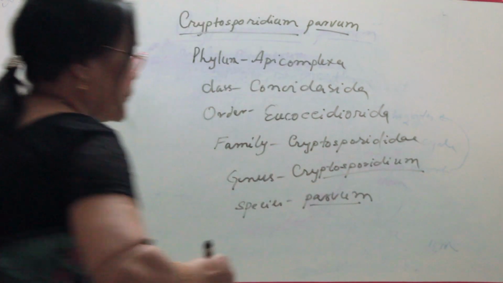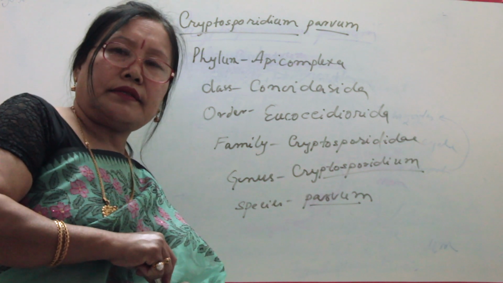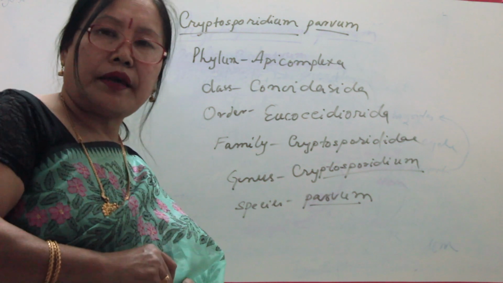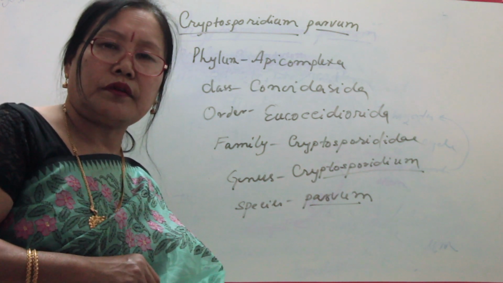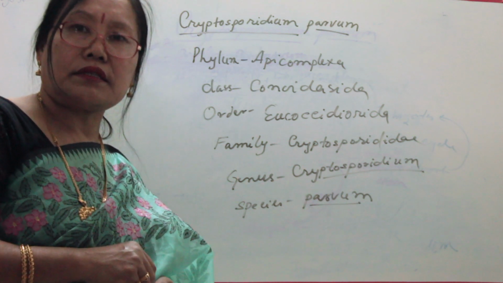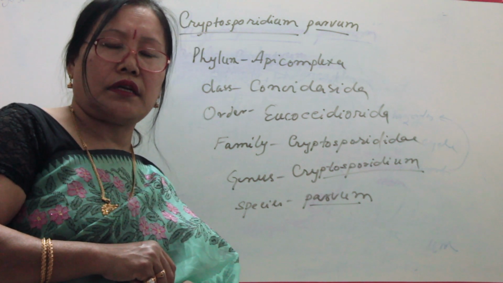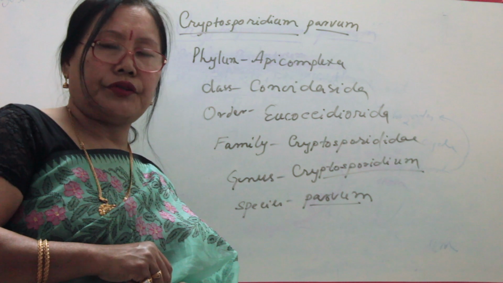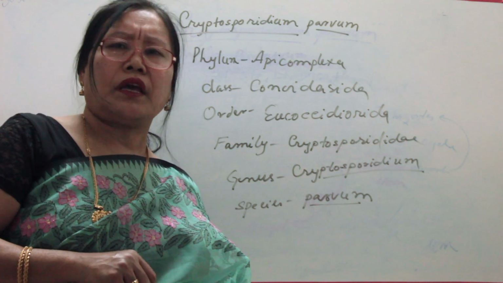This is a common protozoan parasite, and it inhabits the small intestine of human beings, or in some cases the lungs and the liver also, but usually it inhabits the small intestine.